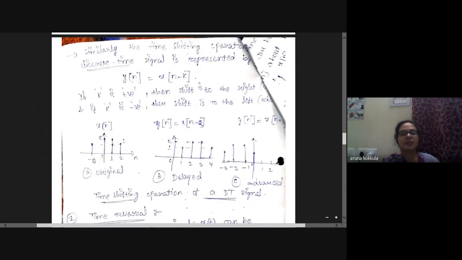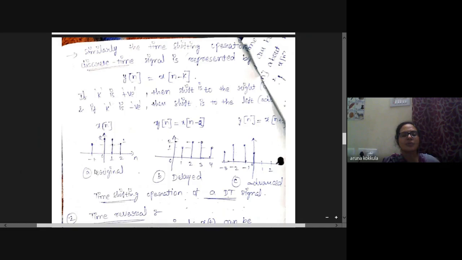X of n is given from minus 1 to 2 with the magnitudes 1, 2, 2, 1. So y of n is equal to x of n minus 2. Inside the bracket, whichever expression is there, try to equate it to 0. N minus 2 is equal to 0, n is equal to 2.